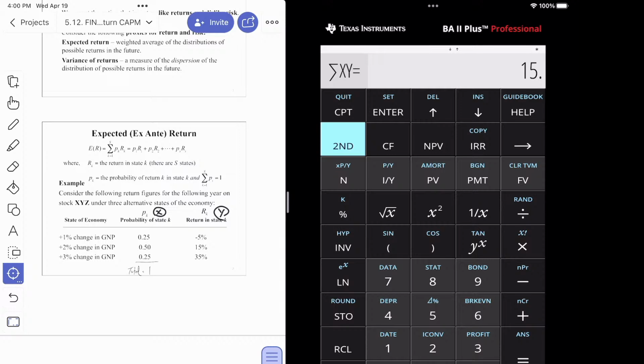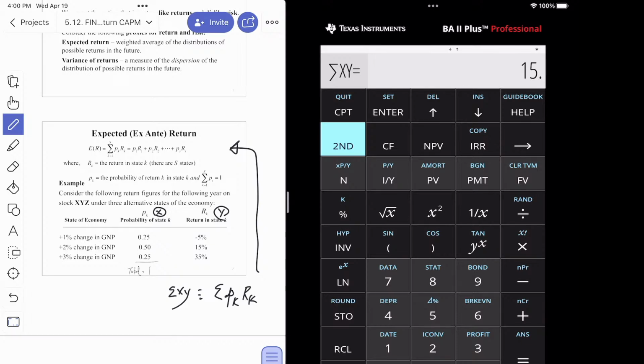So I can use that to give myself the mean. So if I multiply X and Y, it's the same as multiplying P_k, R_k, which is like the formula. So that's all I have to do.